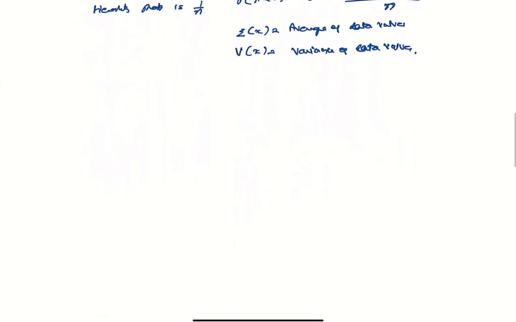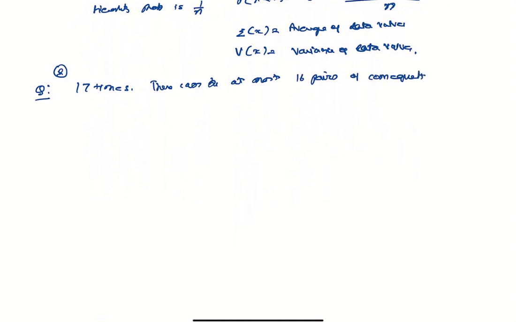Okay, let's do another question. A coin is tossed 17 times. There can be at most 16 pairs of consecutive heads.